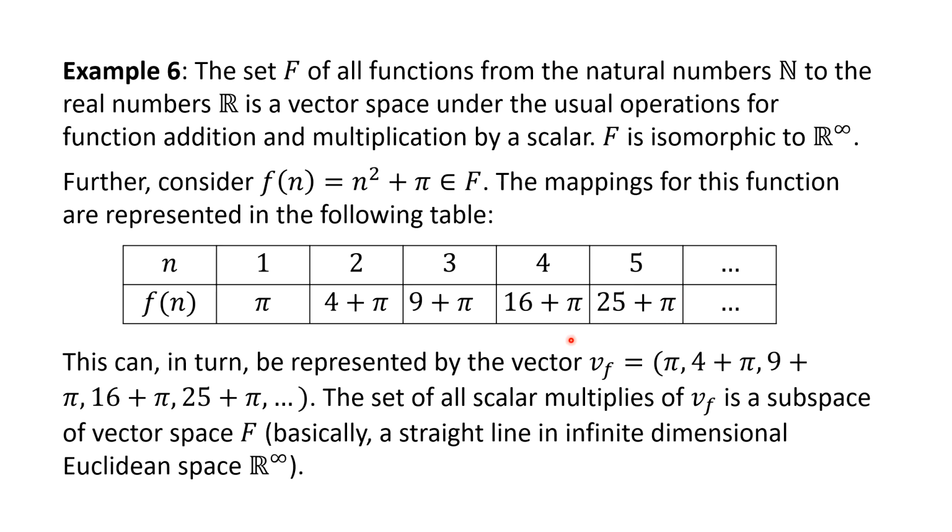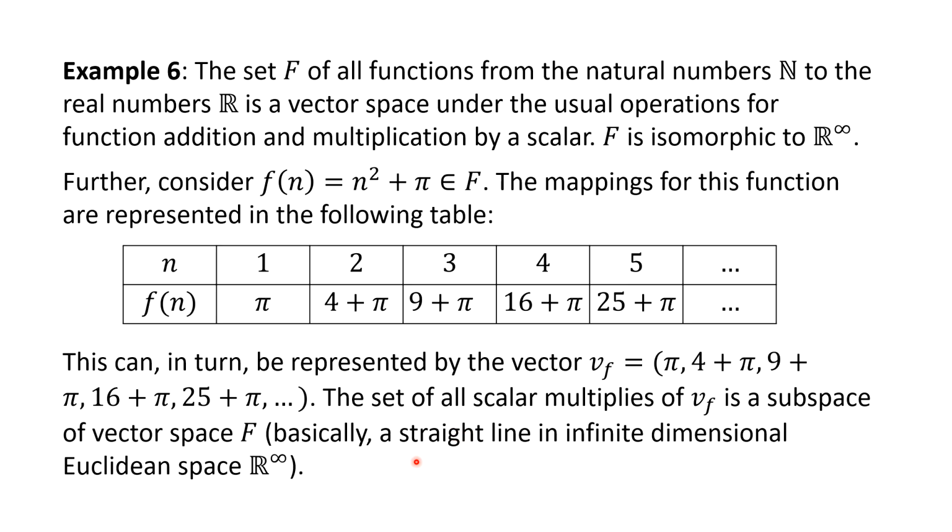So going a little bit further, if we represent this particular function as v sub f, and we write it as this infinite sequence, infinite n-tuple, then the set of all scalar multiples of v sub f is a subspace of our vector space F. It's basically a straight line in infinite dimensional space, or it's equivalent to a straight line in infinite dimensional space.